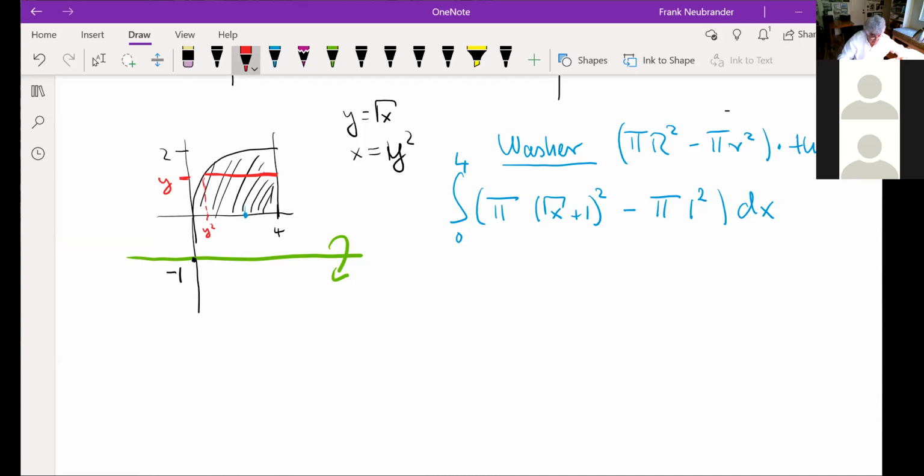Again, if you hold out your arm, if you hold out a pencil and rotate it around the green axis, you will see that this red slice now generates a cylindrical shell.